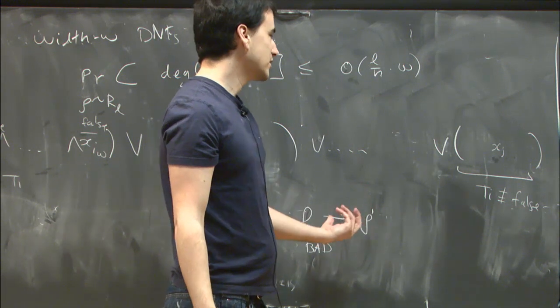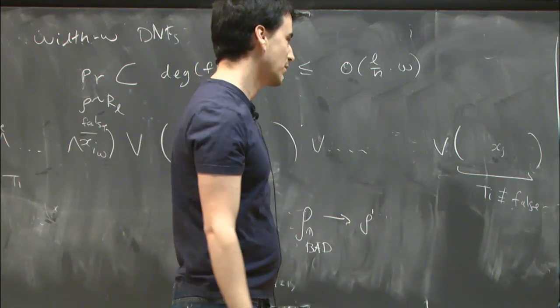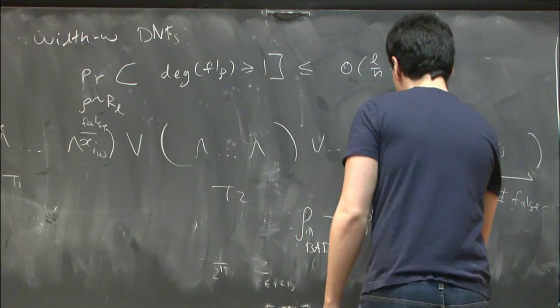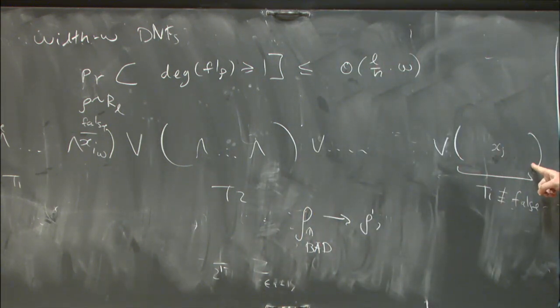However, now we want to decode, so we need some additional information. What do we keep in addition? We keep the index of this variable in this term.